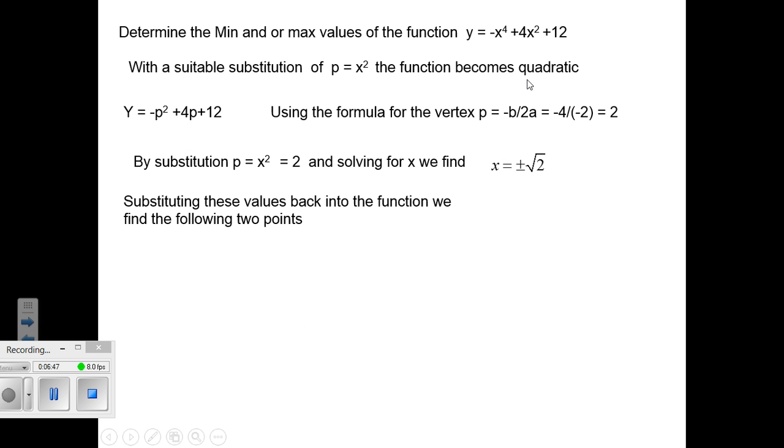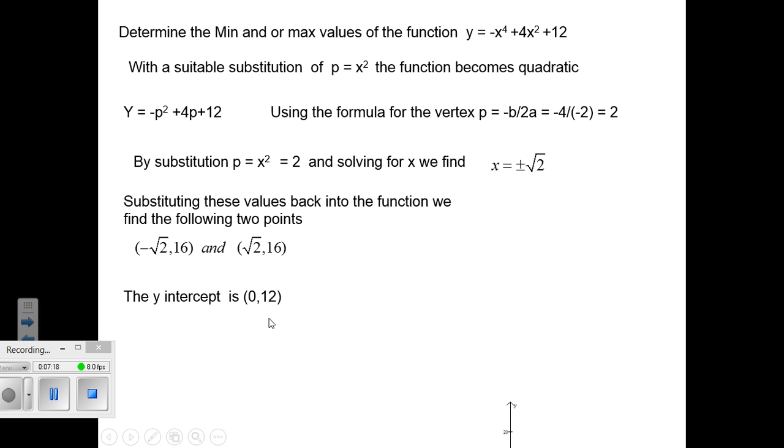Substituting these positive and negative roots back up in here will give us the same y value because it has symmetry. So we got, throwing in root 2 to the 4th power, root 2 squared is 2, squared is 4, and that's a negative 4, and doing all the algebra that goes along with that, we find that we have actually two vertex points. So it's not really a vertex point, but it's 2 high points on the parabola.